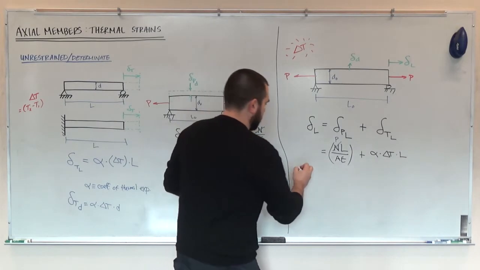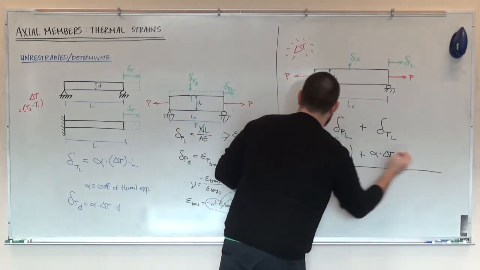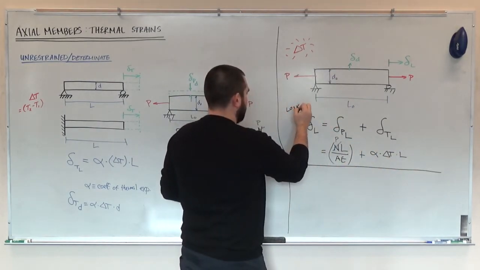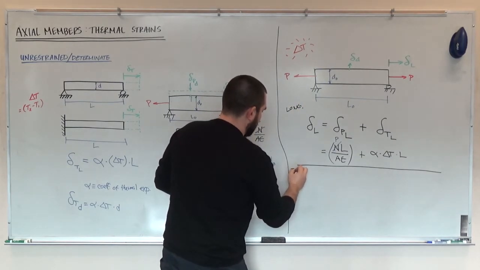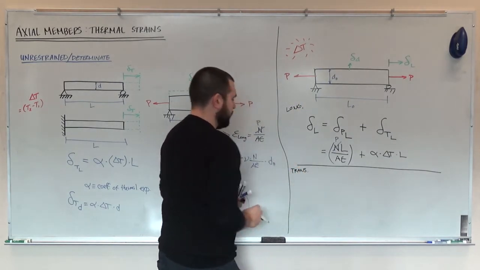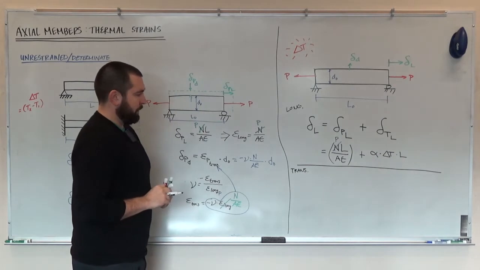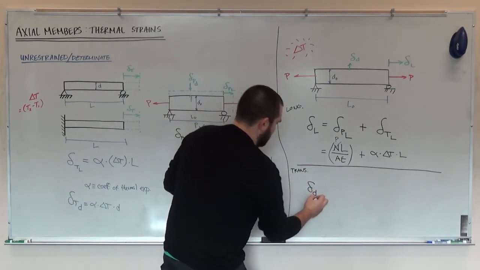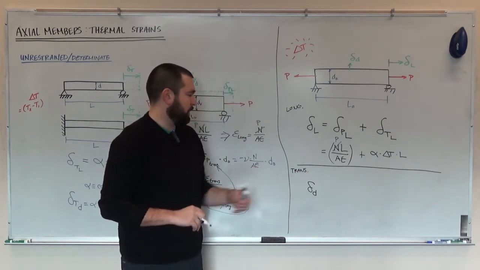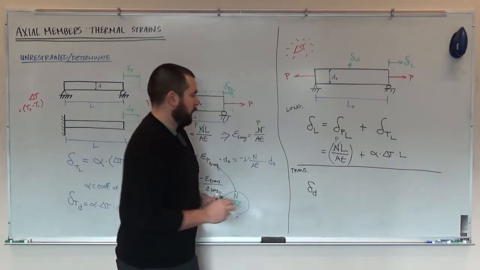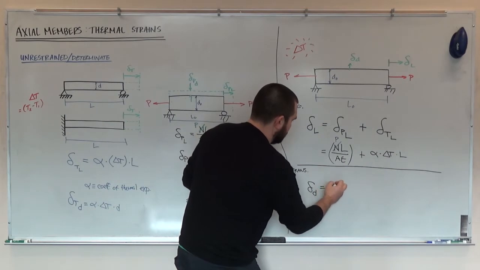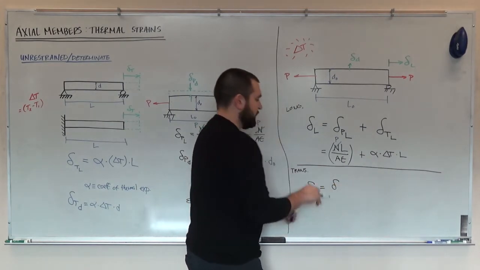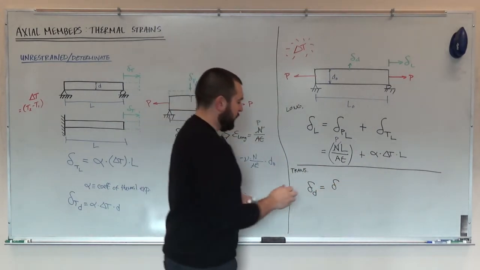Now the trickier part, so here's the longitudinal direction. The trickier part is going to be the transverse direction, excuse me. So the transverse direction, we'll call that delta sub D, the change in the transverse direction, is still going to be equal to some change in width due to the applied force.